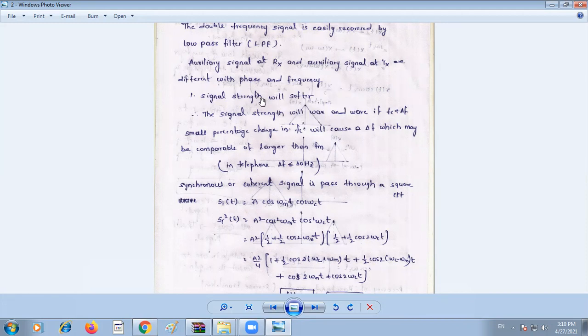If these two signals have the same phase, then the accurate signal is received at the receiver side. If there is any distortion in the phase, then the signal strength deteriorates at the receiving end. That is, the signal strength is very poor, waxing and waning at the receiving end.